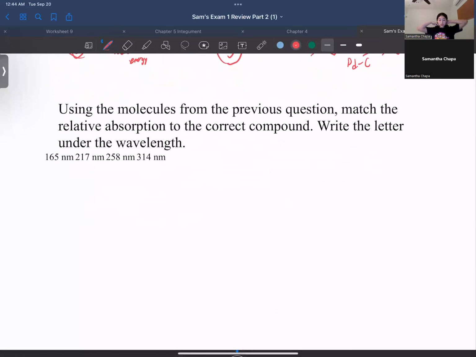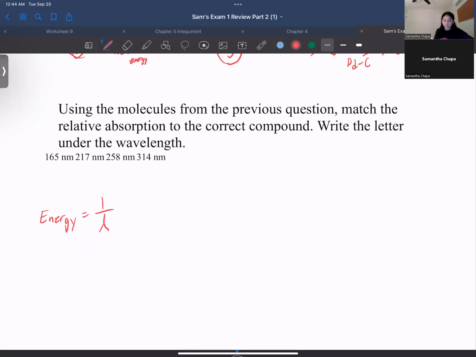This last one has to do with the previous problem that we were talking about. So using the molecules from the previous question, match the relative absorption to the correct compound. Write the letter under wavelength. So they're giving you 4 wavelengths here. And one thing that you should note is that energy is inverse to wavelength. This is the key.